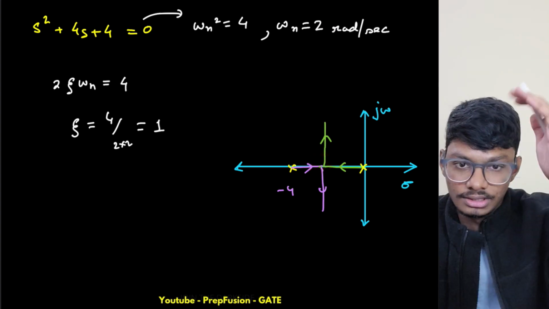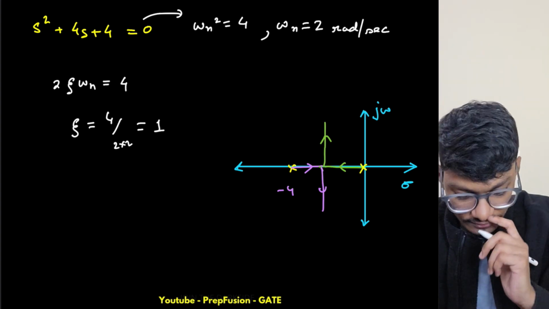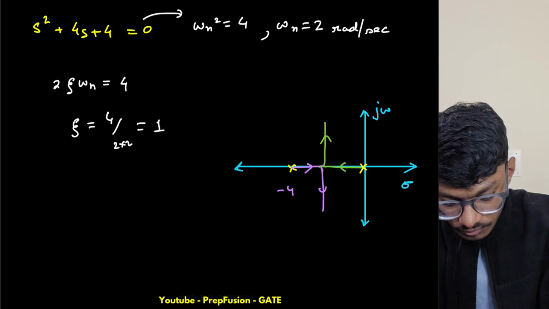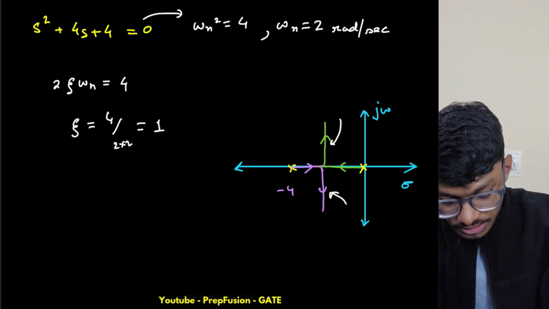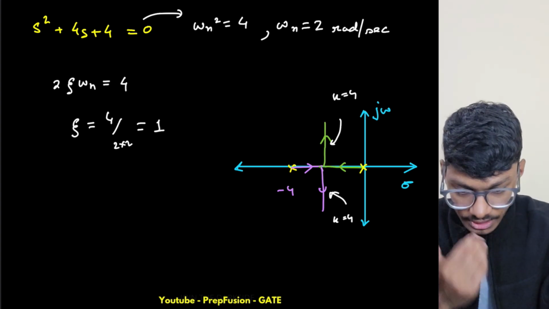Wherever it is underdamped, the real part will be 2. Somewhere around here my k will be 4, and I'm lying in this region. So you can understand the behavior from the root locus also.